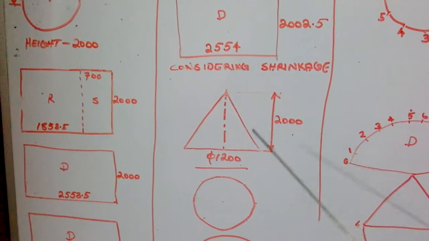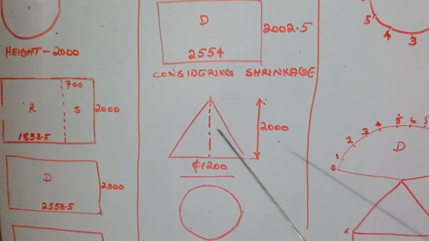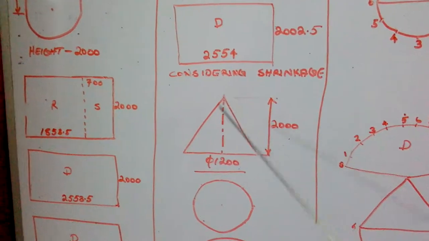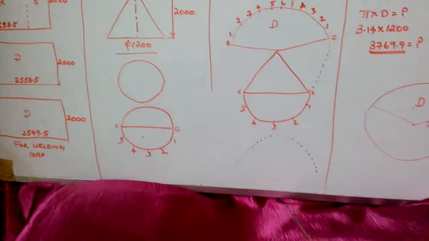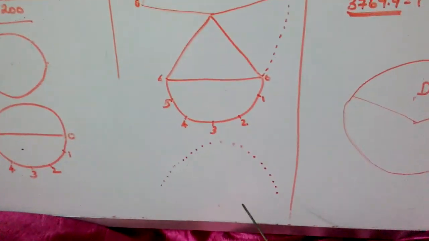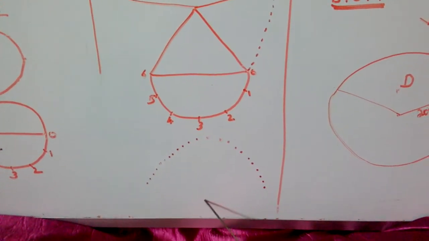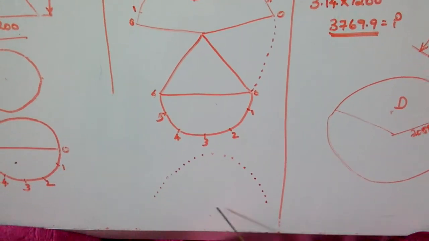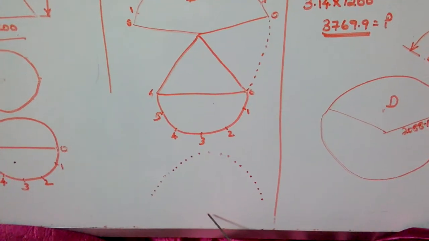So when we make its development, its length will be same from a point. Approximate one point I indicate here. This is a point. From this point to everywhere, same length will be there.